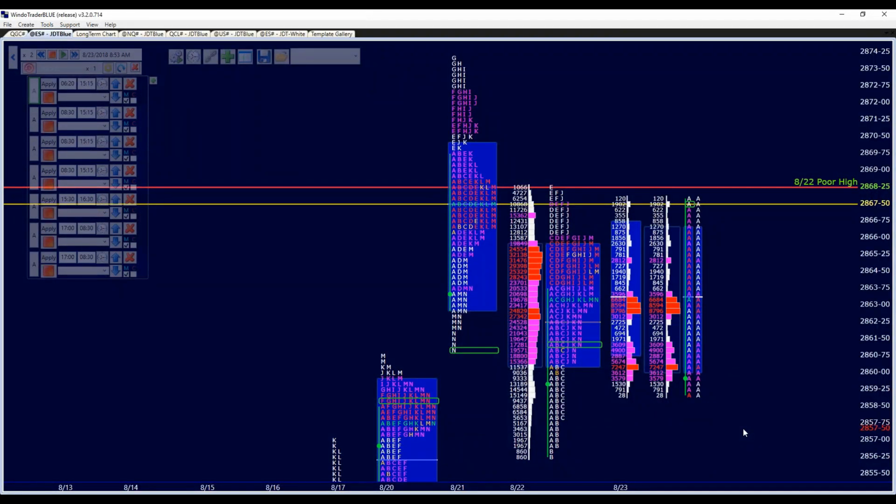They're so excited, everybody wants to get on board. So when I see these single prints, that's an indication to me that the market may be too enthusiastic about what it's doing. The traders may be overly excited about what's going on.